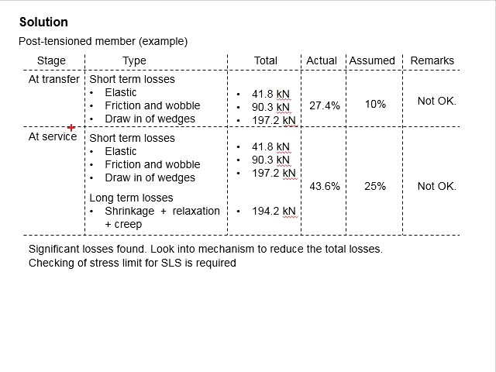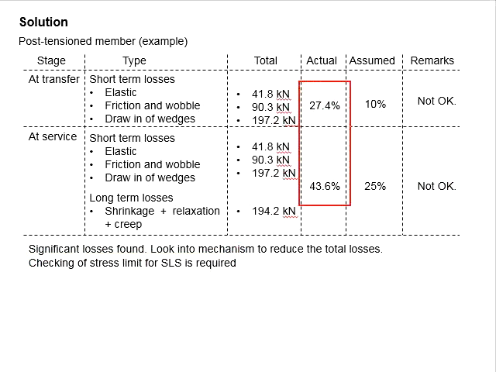As for the service state, the short-term losses and the long-term losses are to be summed up, and which is found to be 43.6% losses. It means that about half of the pre-stressing force is lost at the service state, which is significantly high, and the assumed value is only 25%. This means you will have to check for the stress limit.